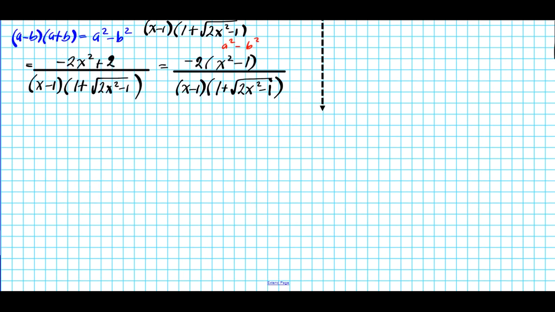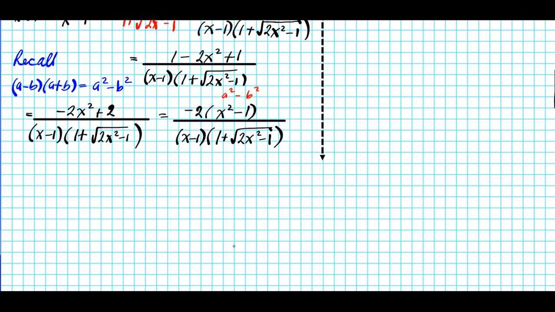So what we're going to have to do is factor it and see if we can get x minus 1 as one of the factors. Okay, so if we factor the numerator, that gives us negative 2 times x plus 1 times x minus 1. Voila, that's exactly what we're looking for.